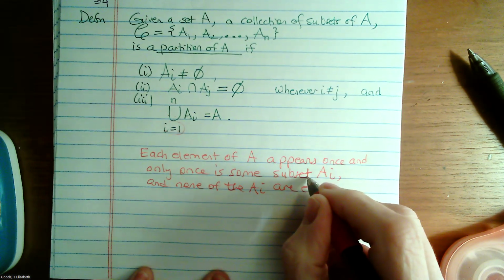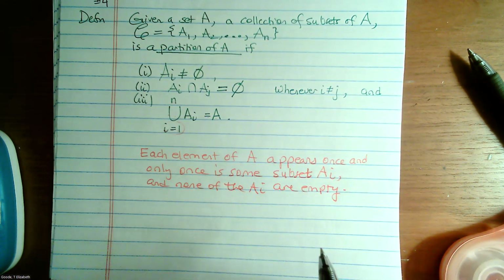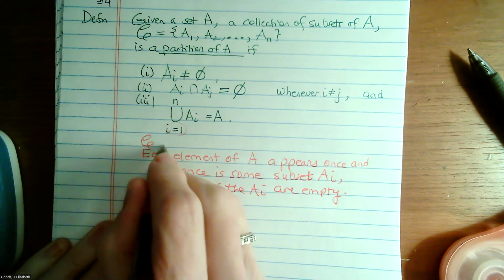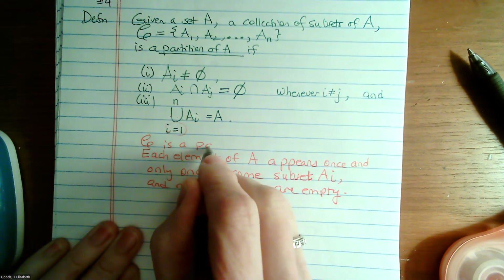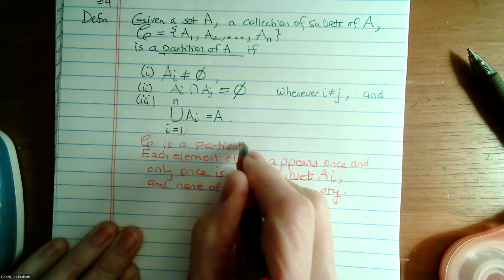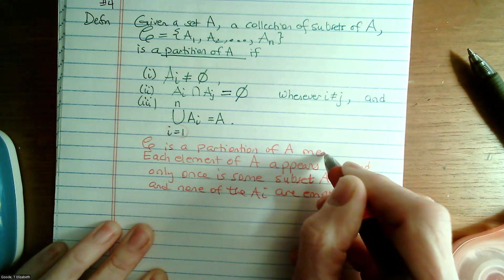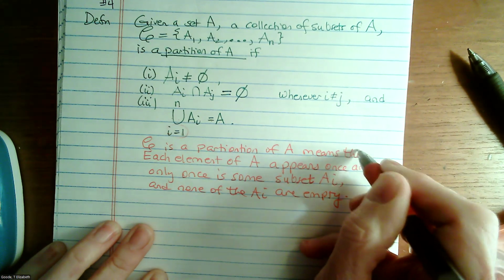So meaning A sub i is a subset of A if the element only appears once. Did I get that right? The collection is a partition. C is a partition of A means this.